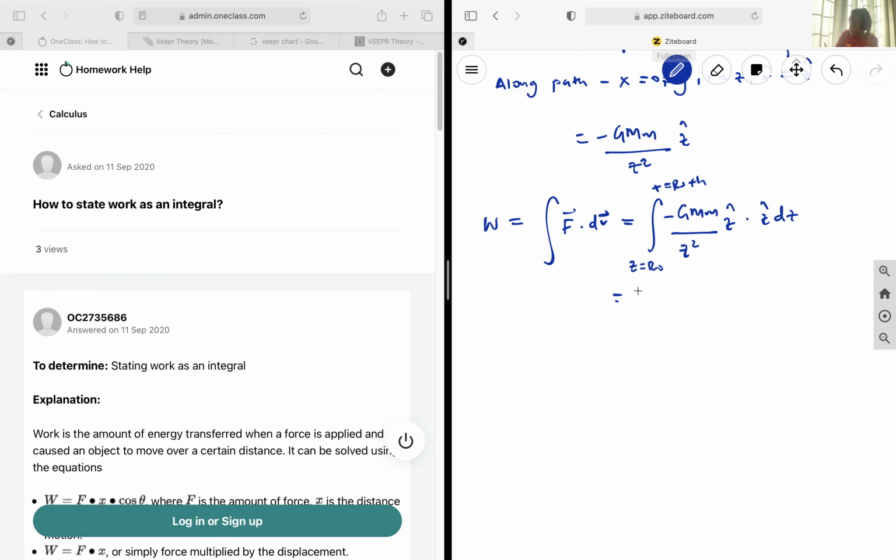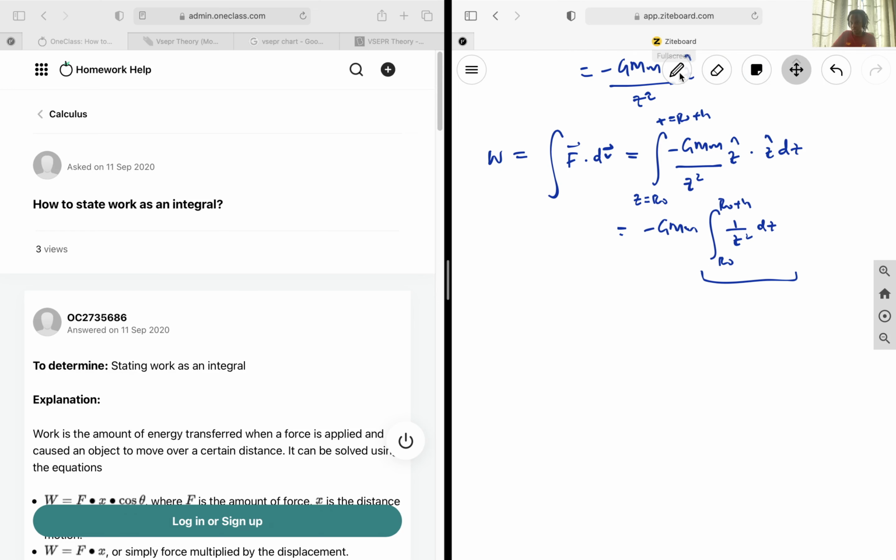Okay, and so when we take the dot product and pull out any constants, we get negative GMm, the integral from R0 to R0 plus h of 1 over z squared dz. And for this, we can just easily use the integral of exponents in order to find out what that is.